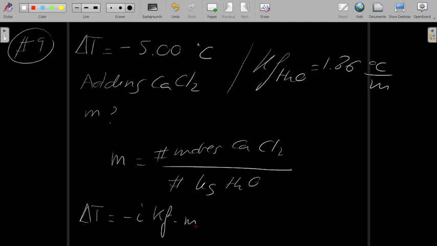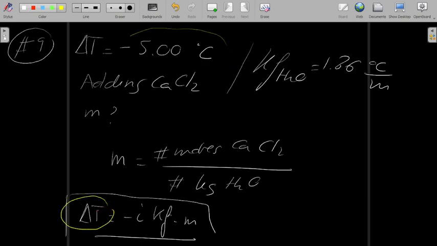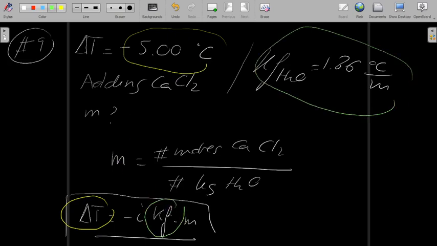Kf and molality. Okay. This is given to us. There you go. Kf is given to us. And the molality is what we need. So we don't need this formula right here. From this formula, we can find the molality that we need. So let's do that.